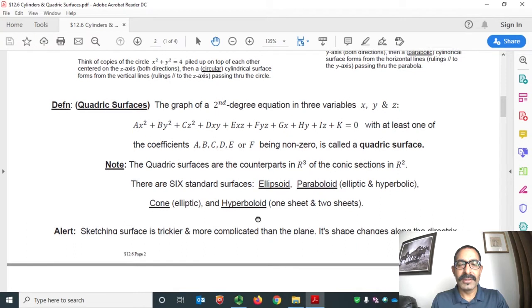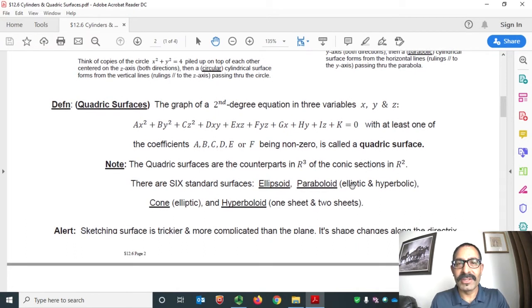Quick note, the quadric surfaces are the counterparts in R3 of the conic sections in R2. There are 6 standard surfaces we study: ellipsoid, elliptic paraboloid, hyperbolic paraboloid, elliptic cone, hyperboloid of one sheet and hyperboloid of two sheets.